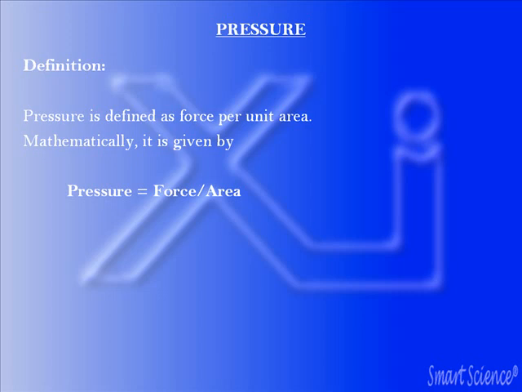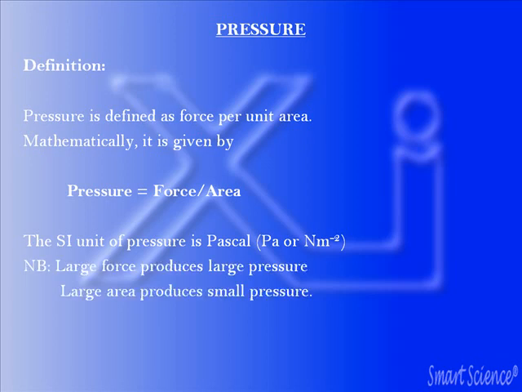The SI unit of pressure is Pascal, and the symbol is Pa, or Newton per meter squared. Now the Newton per meter squared is telling us that you have the force, which is in newtons, being divided by the area, which is in meter squared.